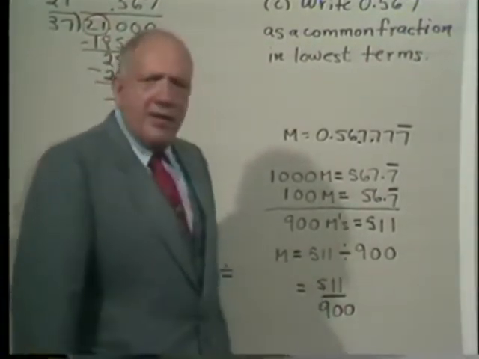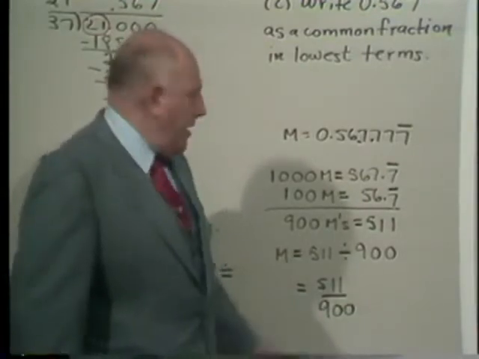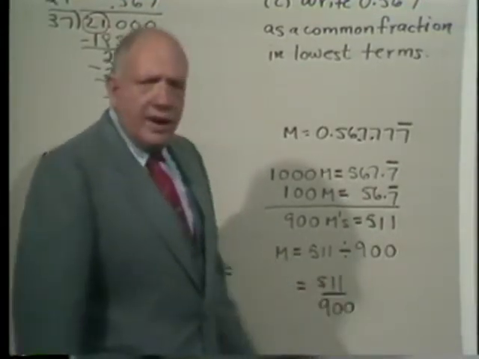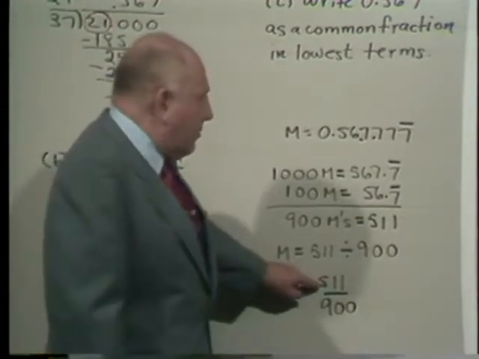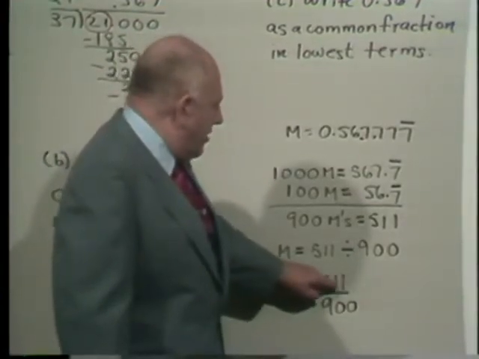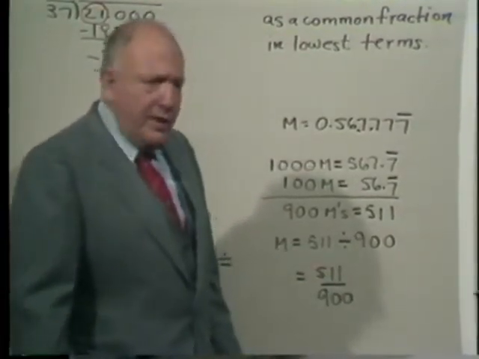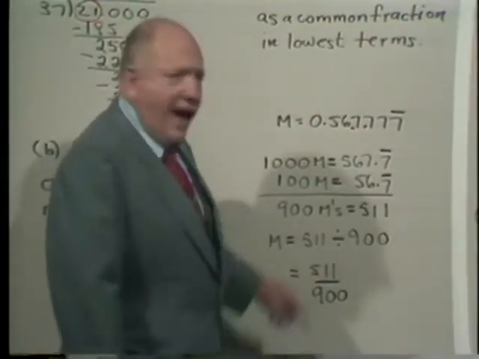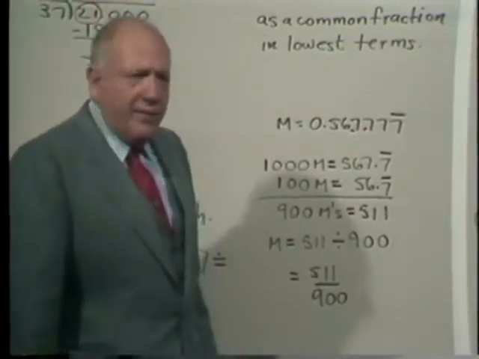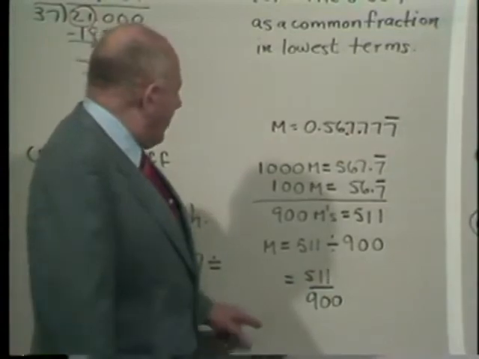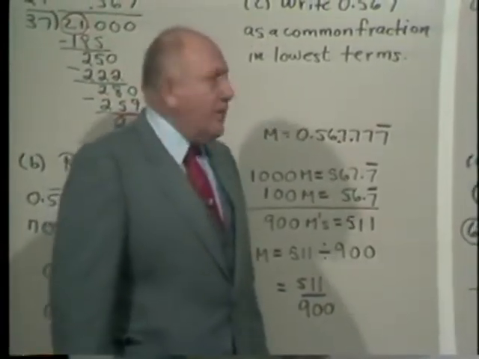But the numerator doesn't have 2, 3, or 5 as a factor. It can't be divisible by 2 because it ends in 1. It can't be divisible by 3 because the sum of the digits is 7, which is not divisible by 3. And it can't be divisible by 5 because it doesn't end in a 0 or 5. So the answer to part C is 511 over 900.